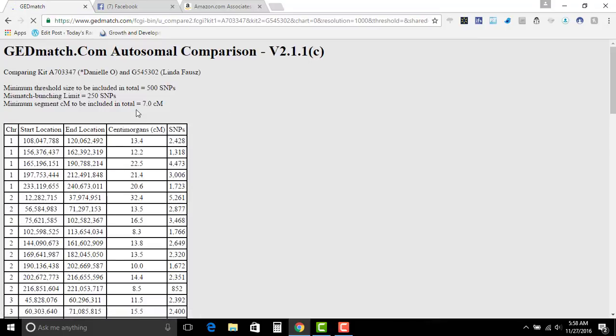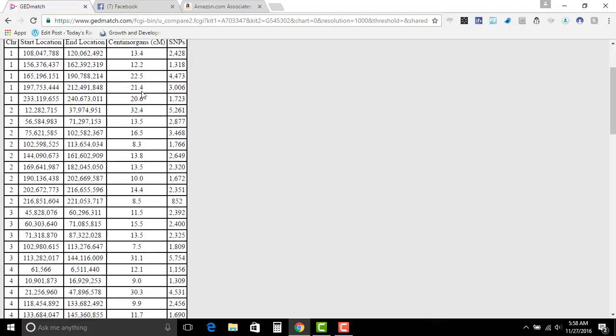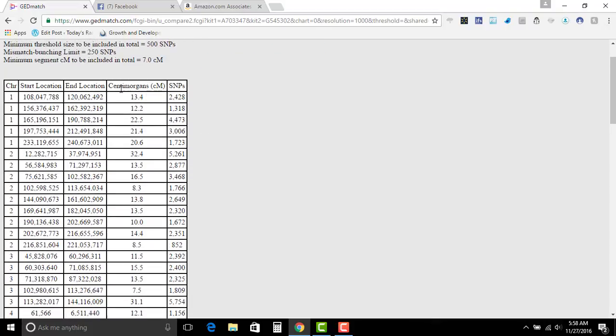And then you get this page. Now, this page is a comparison of myself to my aunt, and it goes through how many centimorgans at the different start locations and end locations. Basically, how much we share.